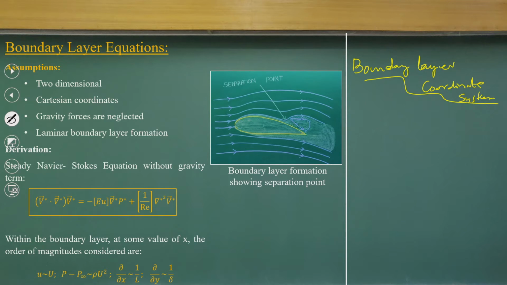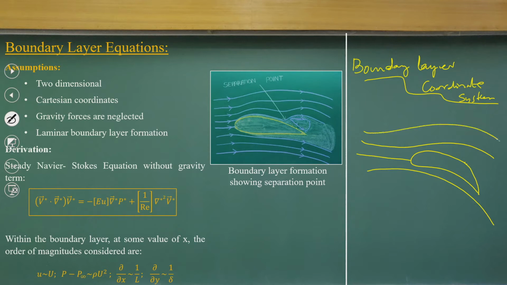Let us say you have the aerofoil, and you have the flow, with streamlines going like this, another streamline going like this, and another going like this. This is the aerofoil.